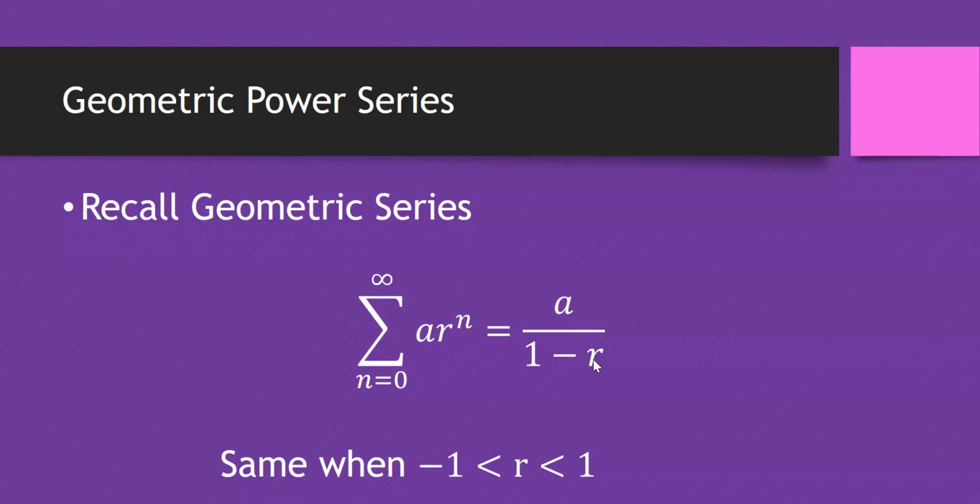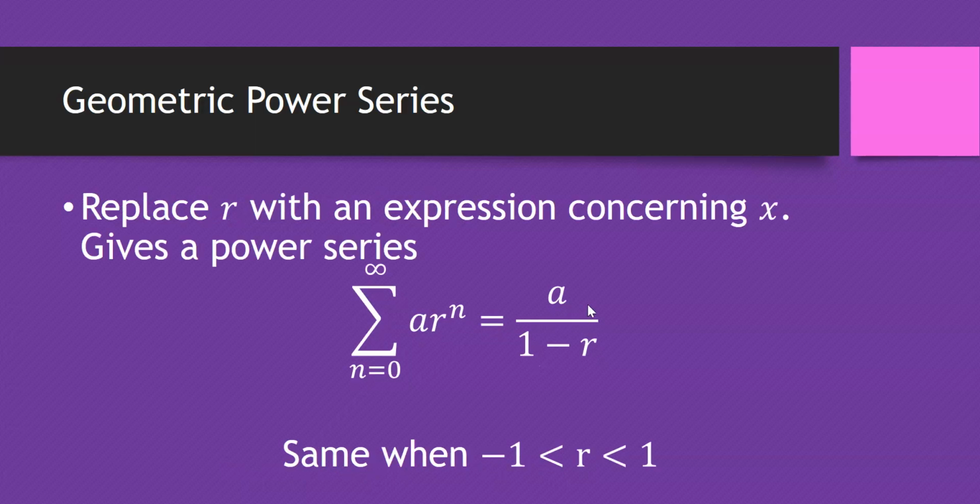Now, r, just like we saw in 9.8, is going to be something like x or x minus 2. It's going to have some value of x associated with it. And a, we're going to force to be a constant this time. So again, we replace that little r with an expression that concerns x, and we'll center it at whatever we want. And then we'll go backwards.